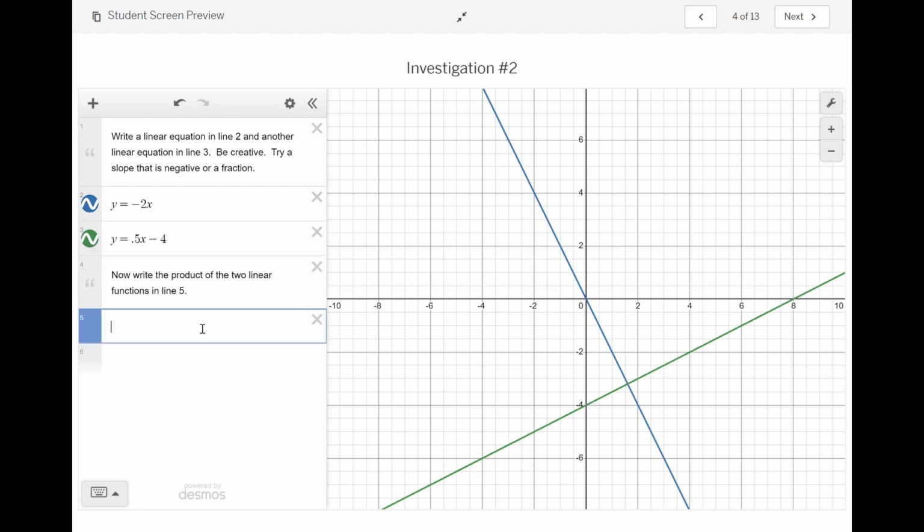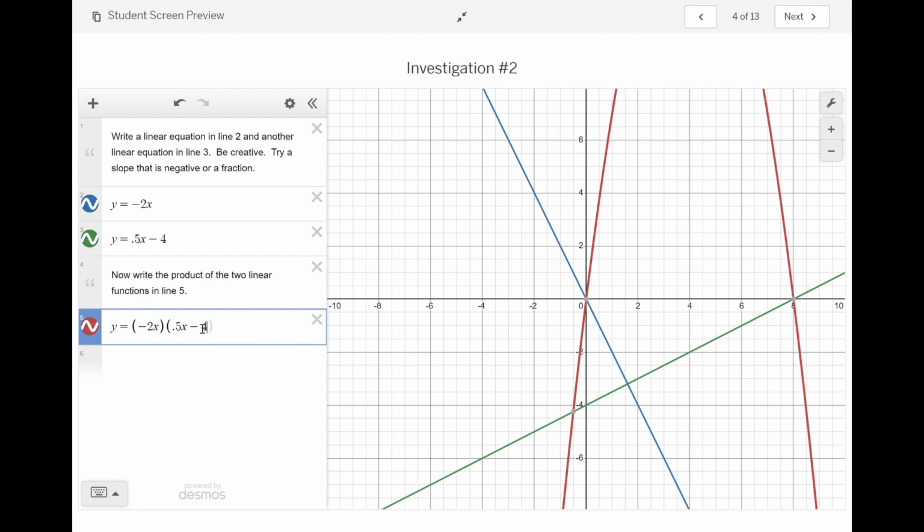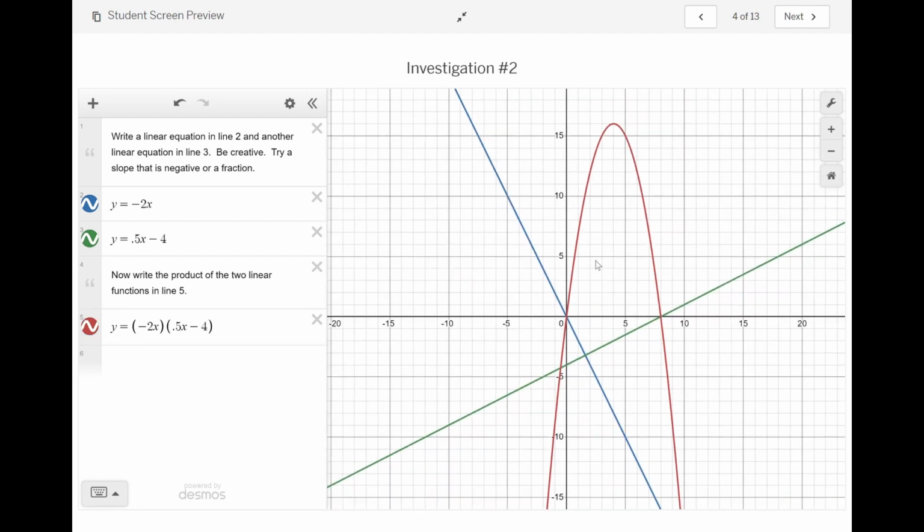Okay, now we want to write the product again. So my blue function was negative 2x, my green one is 0.5x minus 4. Here we do have a quadratic. If I zoom out, you'll see it like that.